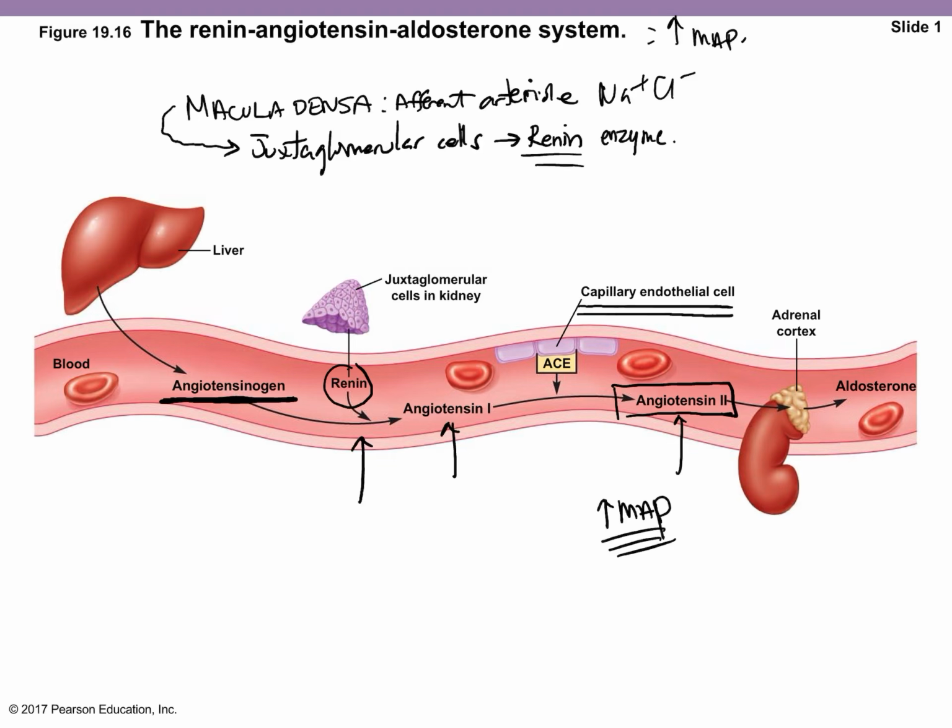So obviously the stimulus to kick off this chain of events would be low blood pressure, right? A drop in blood pressure, a drop in blood volume. And so that is going to reverse it, right? Reach homeostasis. So angiotensin 2 has 4 things it does.